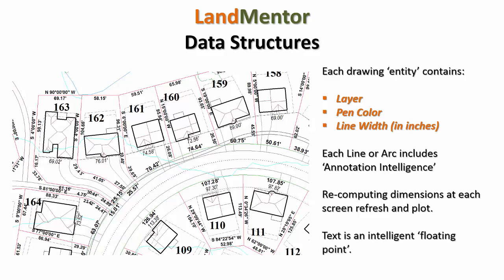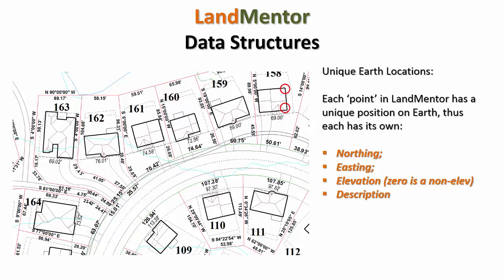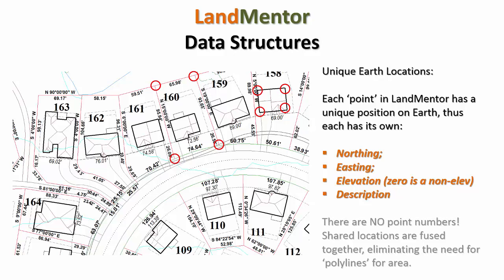The only text that exists is the lot numbers. Each point at the end of a line and an arc is a unique location, northing, easting, and elevation on Earth. It also contains a description. Where does it get the description? It gets it from the layer name. There are no point numbers.